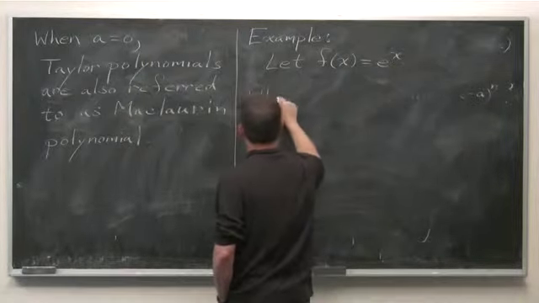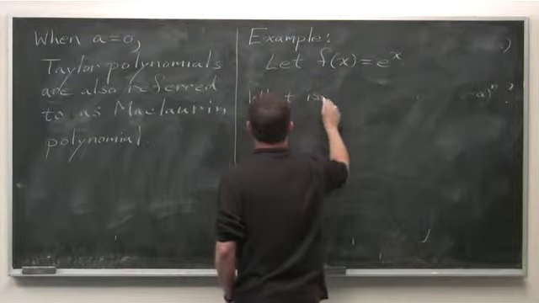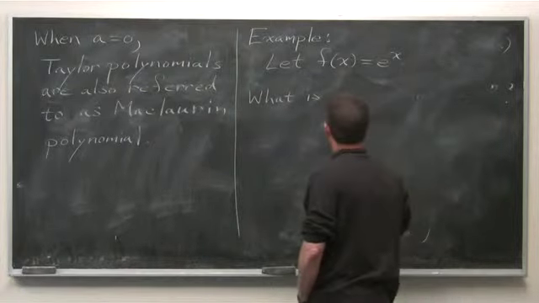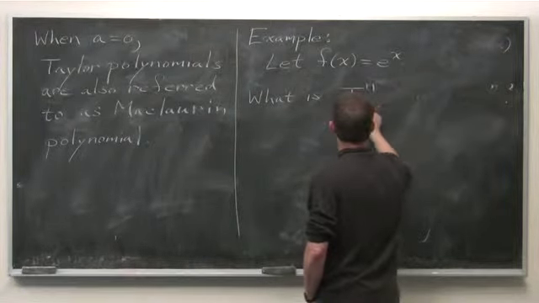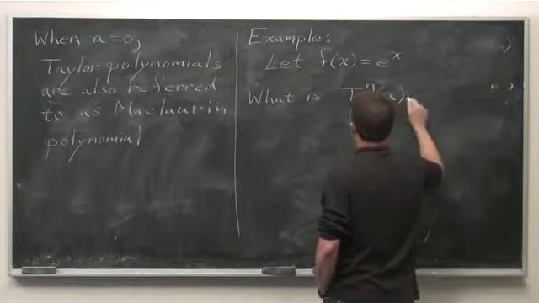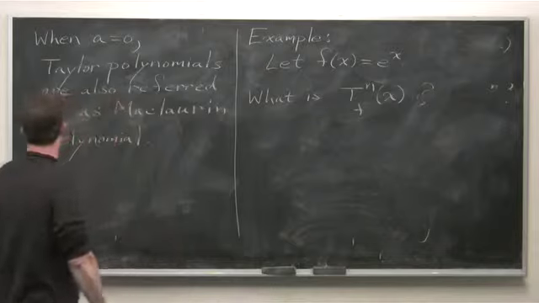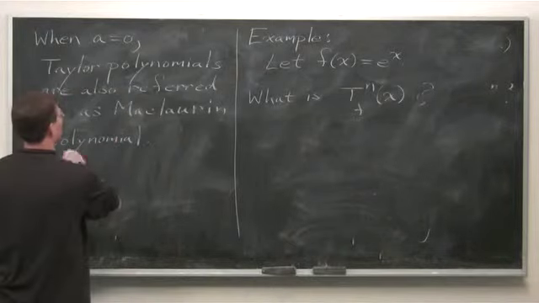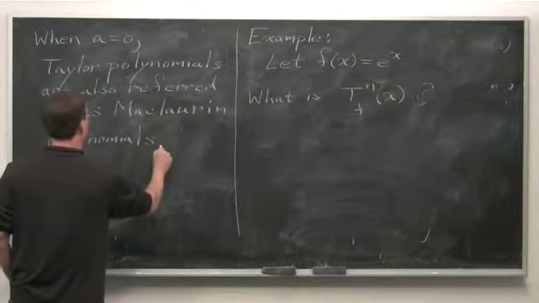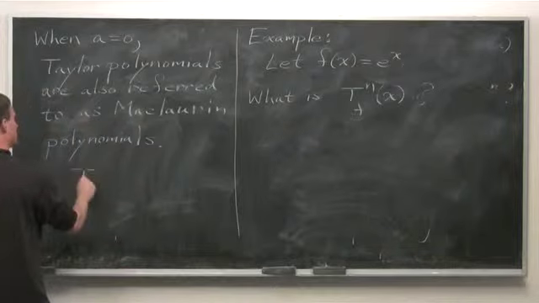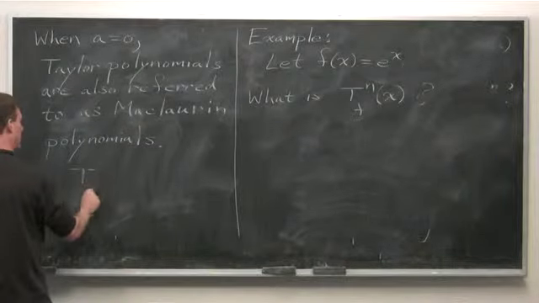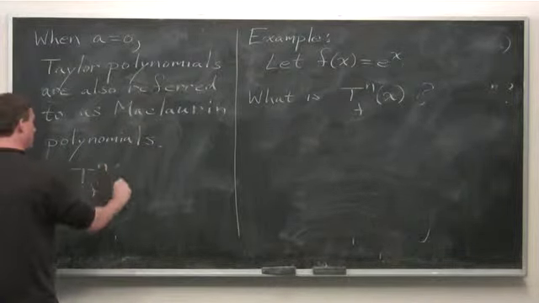Maclaurin polynomials are also referred to with this notation, and in this case you don't write the a, or the semicolon with the a.